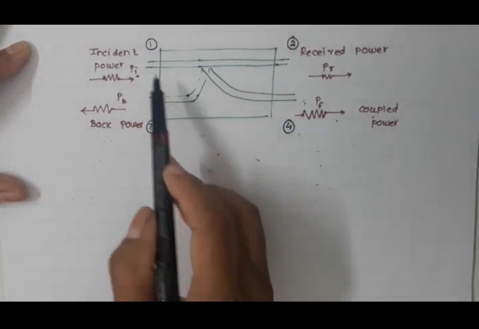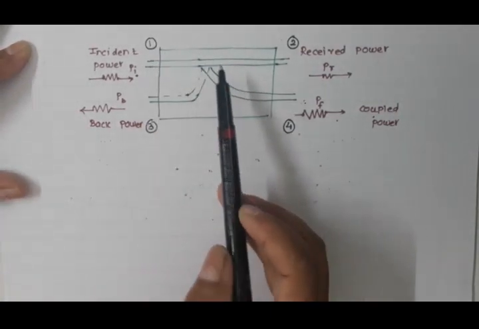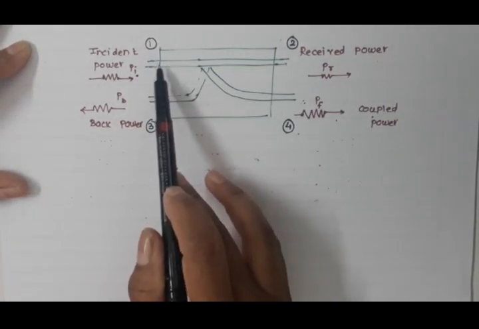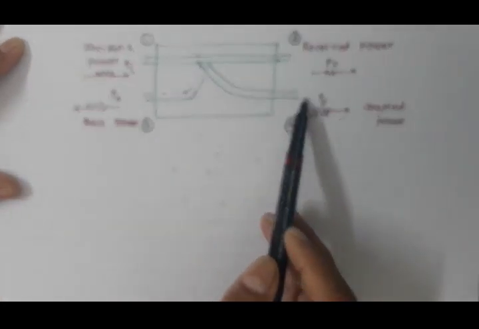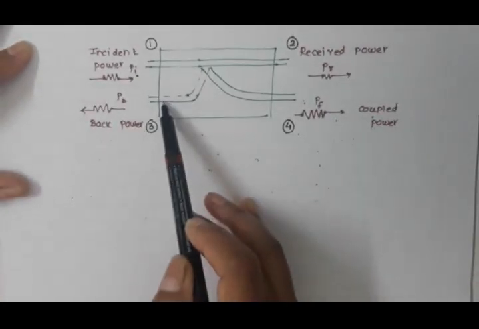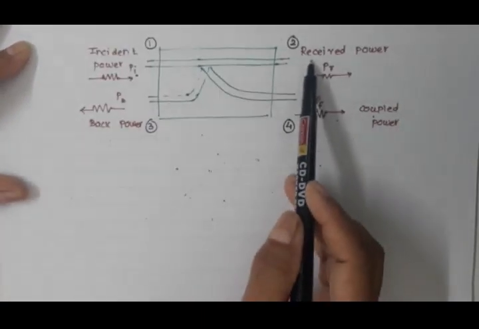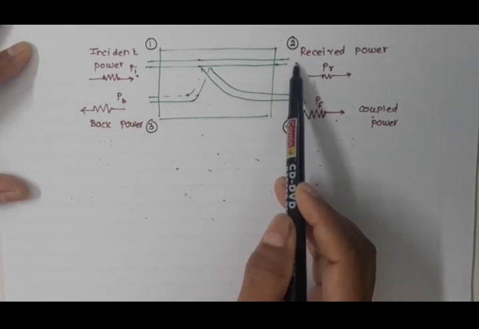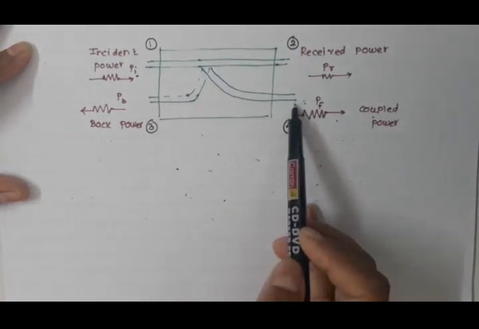A portion of power traveling from port 1 to port 2 will be coupled to port 4 but not to port number 3. A portion of power traveling from port 2, if it is traveling from port 2 to 1, will be coupled to port number 3 and not to port number 4.